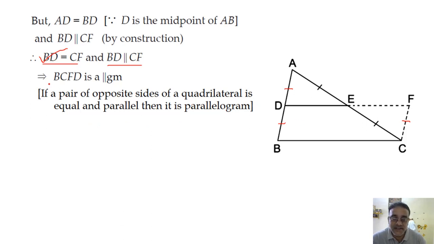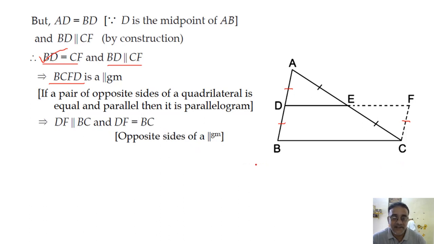So if this is a parallelogram, DF is parallel to BC and DF is equals to BC. Why? Opposite sides of a parallelogram are equal and parallel. Right. Now DF and DE belong to the same line.